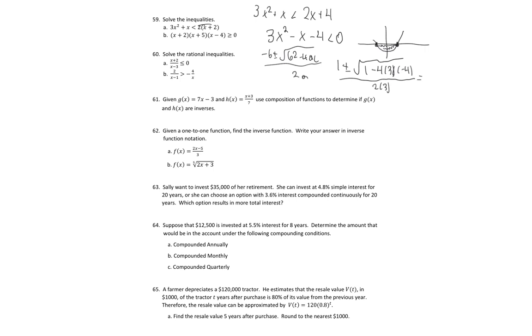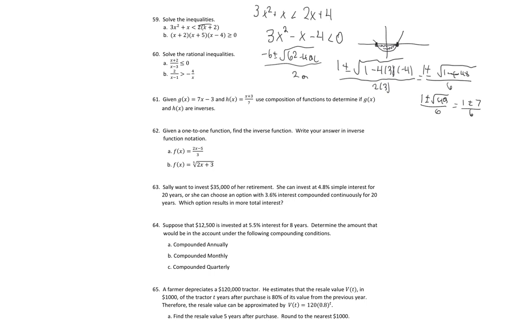And that's going to give us 1 plus or minus the square root of 1 minus 4 times 3 times minus 4, which is minus 48, so it's really going to be 1 plus 48, all over 6. 1 plus 48 is the square root of 49, which is 7.